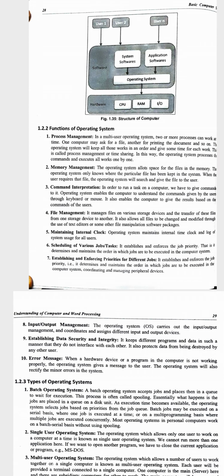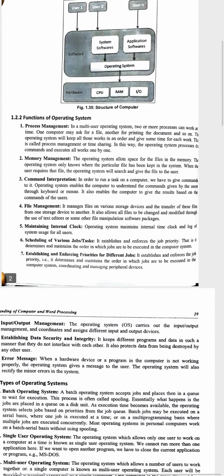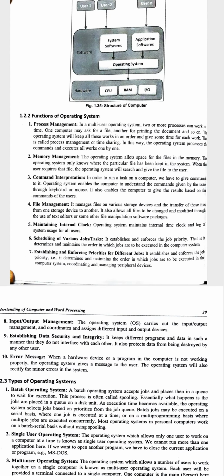Next, input output management: the operating system carries out input output management and coordinates and assigns different input output devices. It organizes and manages the input output devices, such as the printer, keyboard, mouse and speaker.